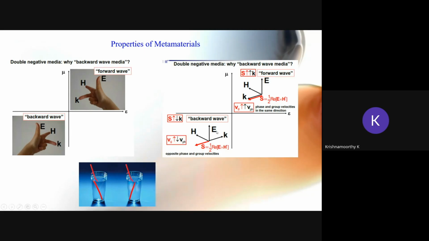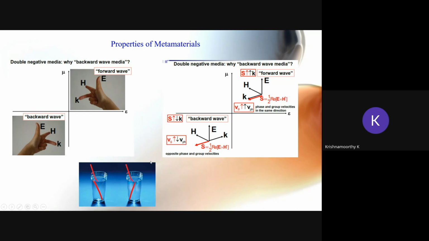But in case of the double negative medium, the k is propagating in one particular direction, opposite to the pointing vector S. The energy is flowing opposite to the phase propagation. That's what we call backward wave propagation.